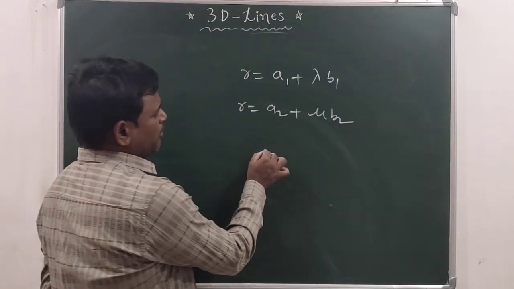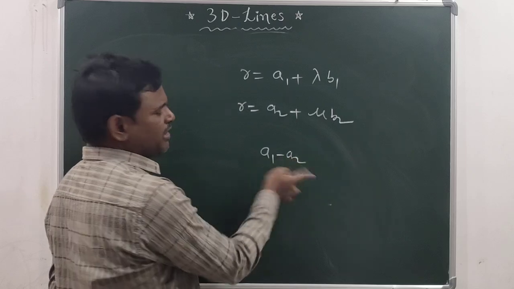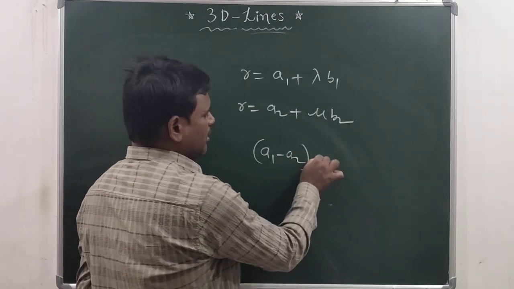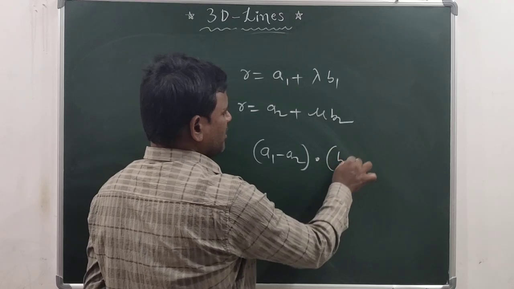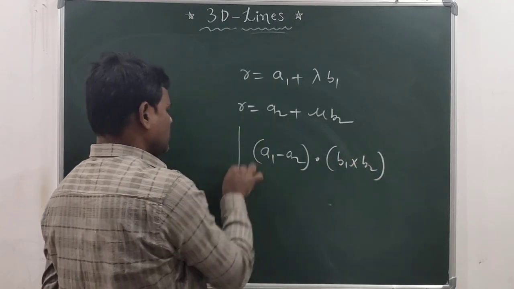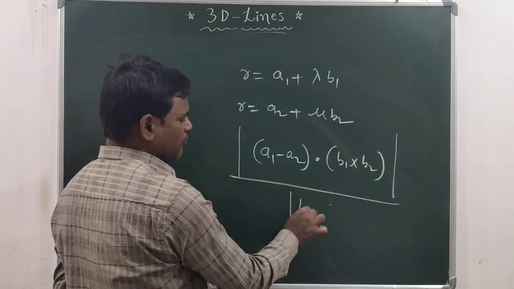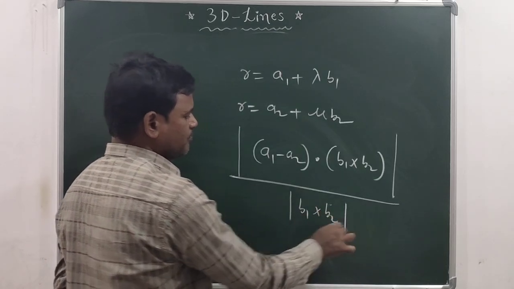You have to do A1 minus A2 or A2 minus A1, dot B1 cross B2, and apply magnitude, that is, divide by the modulus of B1 cross B2.